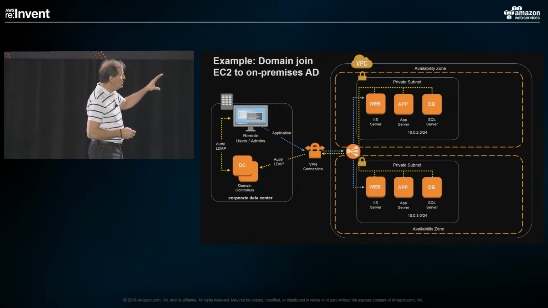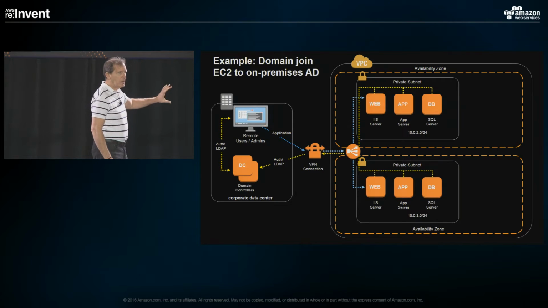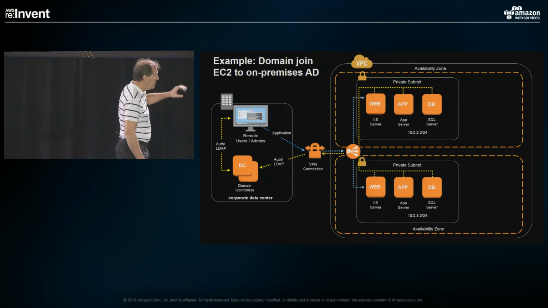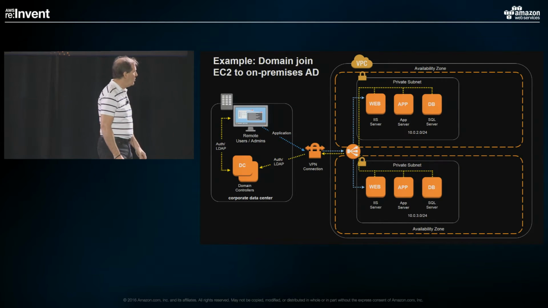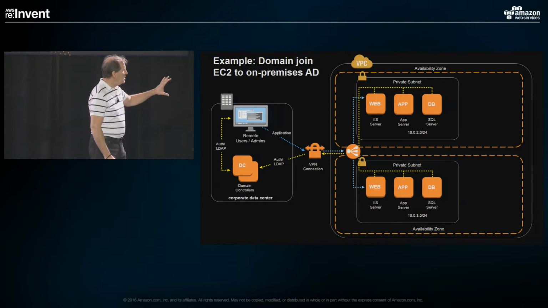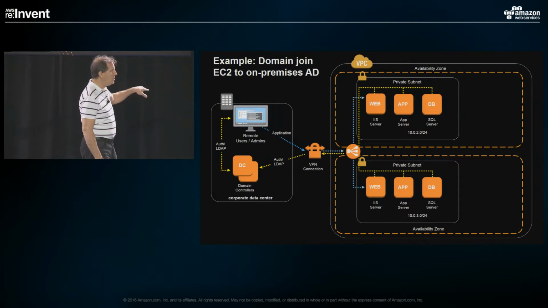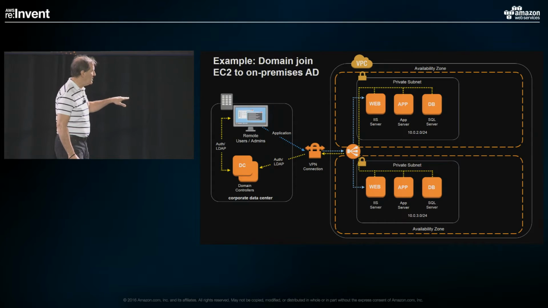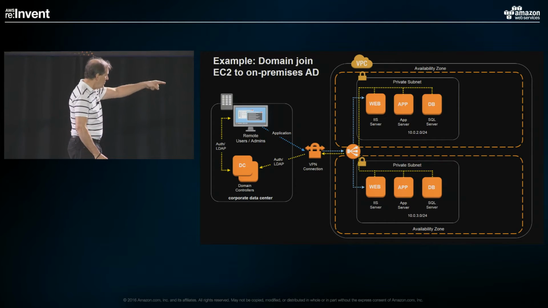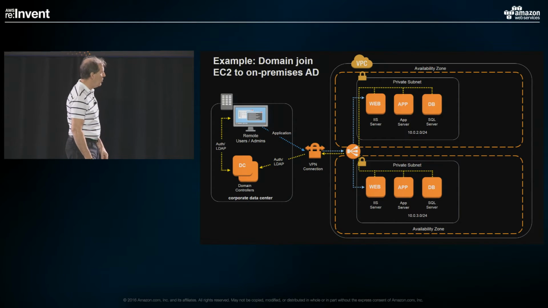And those machines, from a best practices standpoint, it's good to have redundancy there in different availability zones so that you've got some reliability. And those machines are domain joined to the domain controllers on your on-premises network, which is the yellow lines with the arrows going back into your on-prem network.